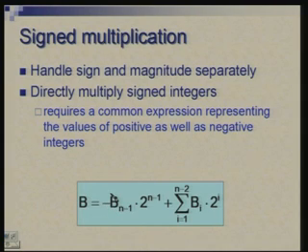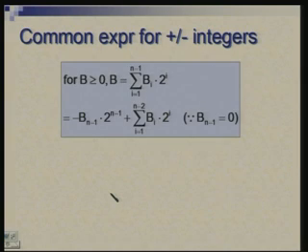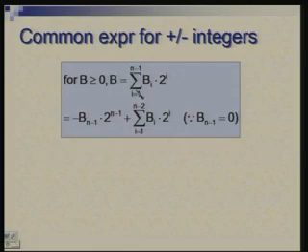So, why is it so? We can see it here. Let us look at two cases. What happens when the number is non-negative, and what happens when the number is negative. If b is non-negative, we could have expressed this in this form, that is the usual thing for unsigned numbers.